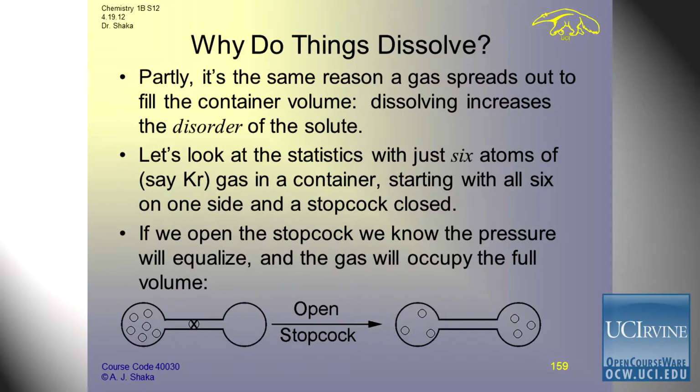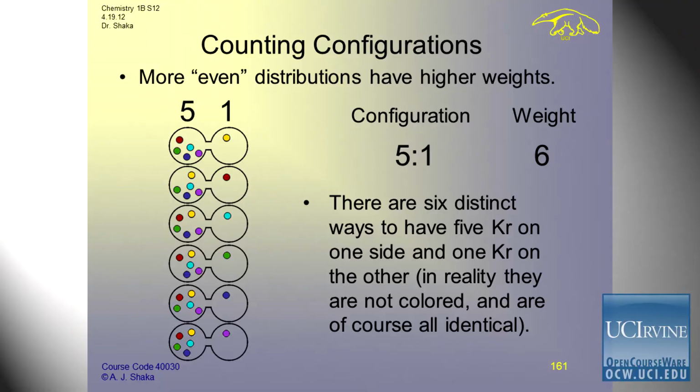6, 0, right? If the atoms are moving around totally randomly, there's only one possible way for me to have 6 and 0, with 6 in the first and 0 in the second, okay? If I go just to 5 and 1, and we'll go back and forth between this, there are 6 different ways to do this. So if I just take a snapshot of this gas, right?